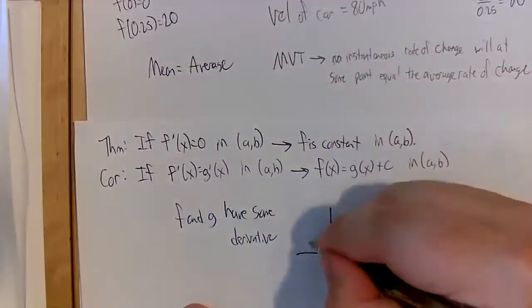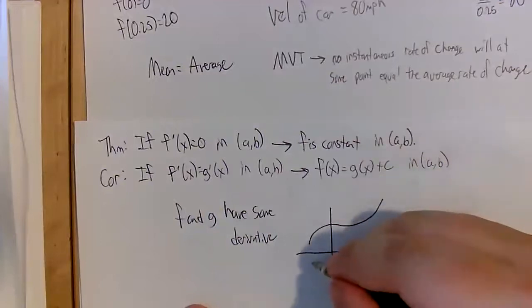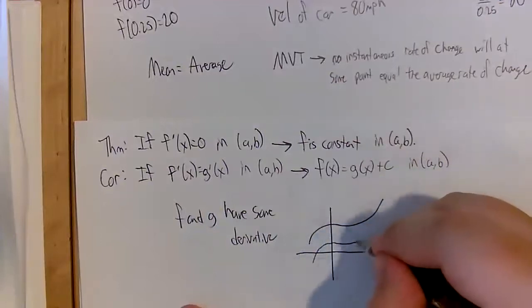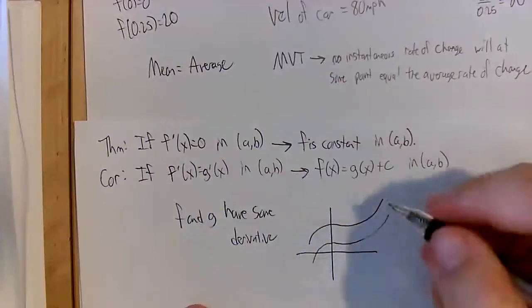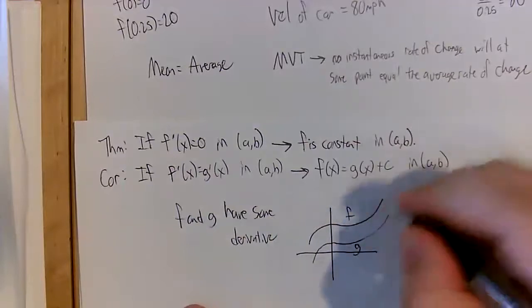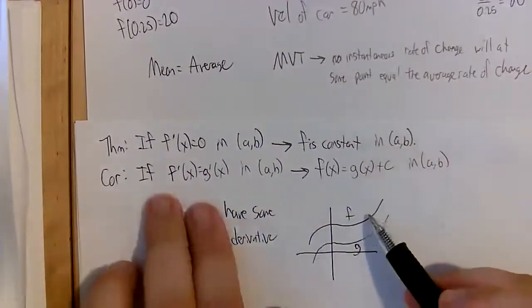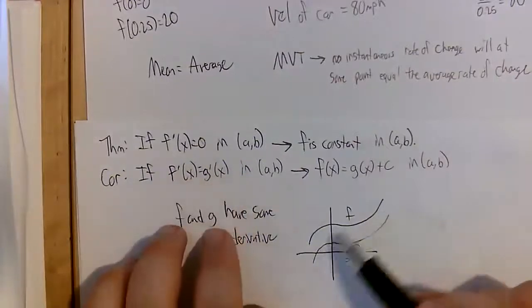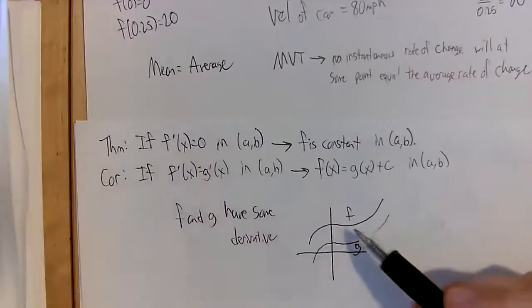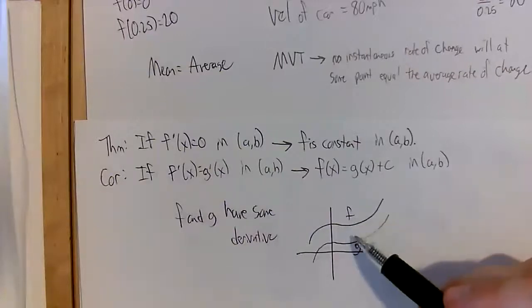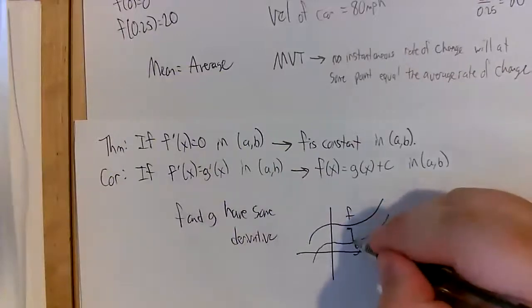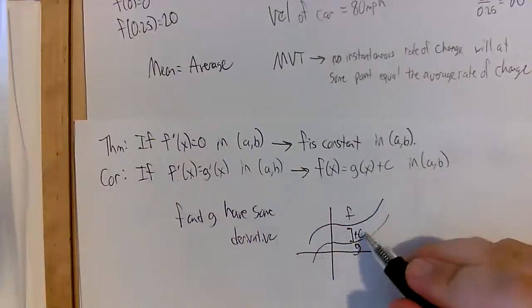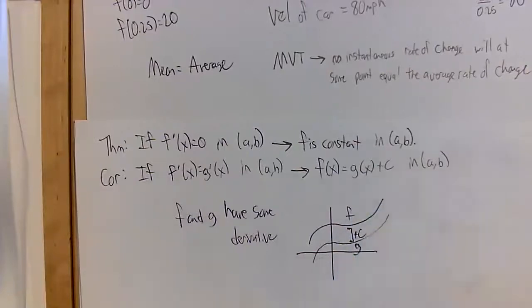Then if this is f of x, then g of x needs to look something like this right here. So what this is saying is that if two functions have the same derivative, then the shape of their graph is the same. The only difference could possibly be that one is shifted up or down here. So there might be a gap of c right here between these two functions.